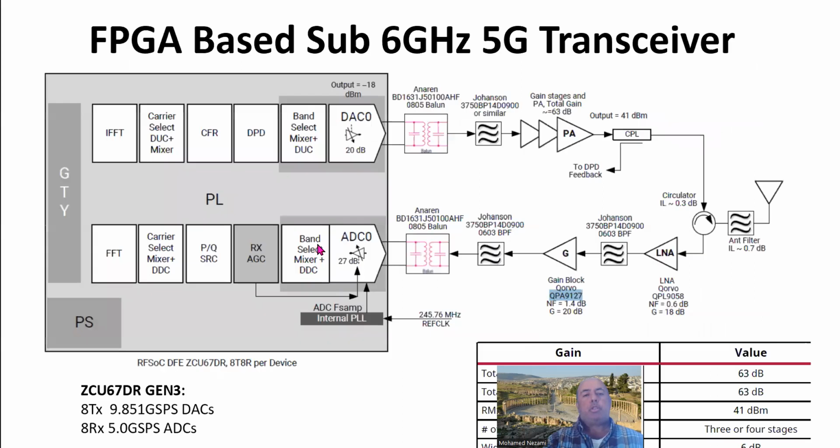The FPGA also includes that, but in addition, it includes capabilities of implementing various functions other than the standard functions. You get the standard functions, which are the inverse Fourier transform on the transmit side, the FFT on the receive side, and then all the complex number processing that you would do to the signals in the uplink and downlink, the AGC, mixing, rotation, band chopping, carrier rotations, and so forth.